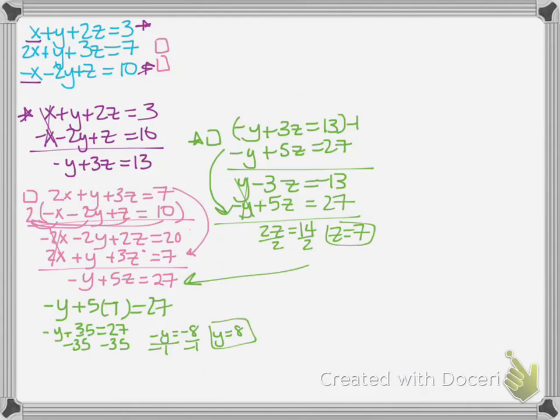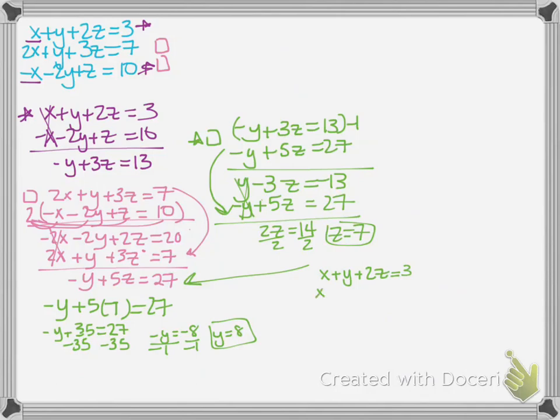Now we take our 2 and plug it into one of our 3 equations. So I'm going to plug it into that top one, that x plus y plus 2z is equal to 3. I'm going to replace my z with 7 and my y with 8.